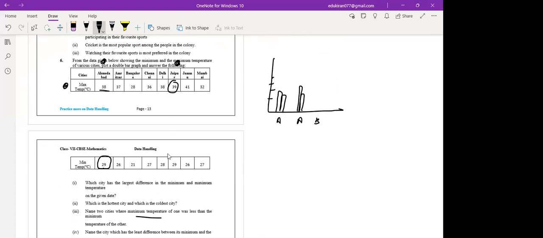And it is 39 and it is also 29. Clear? Both are less, right? Similarly over here, this one, 29 and 29 is there, right? So you have to find from here the maximum temperature which is less than these two. So, Bangalore. That's why the answer is Bangalore. Clear?